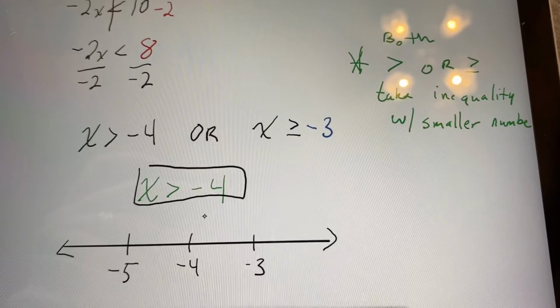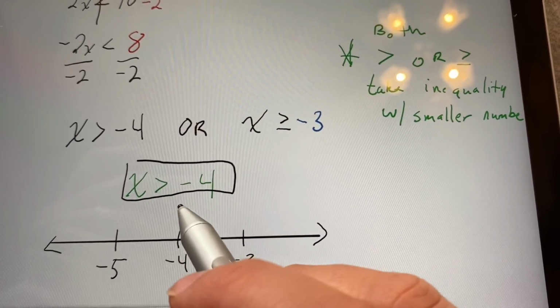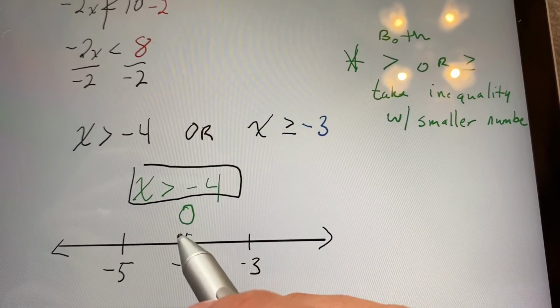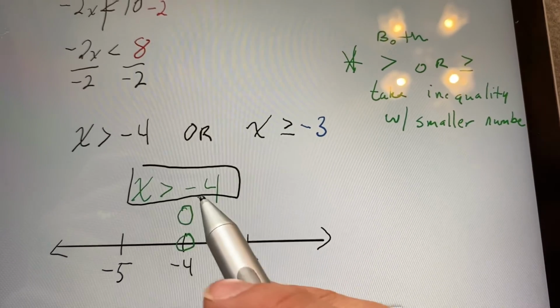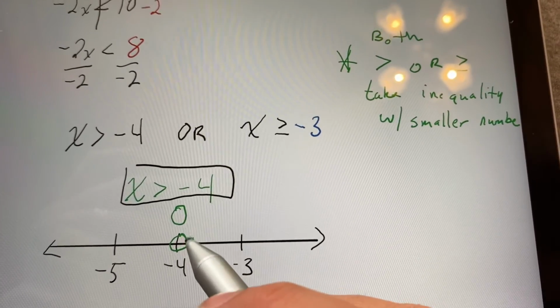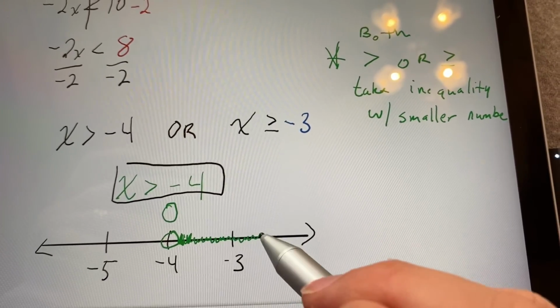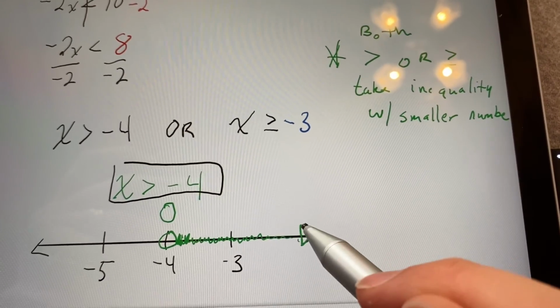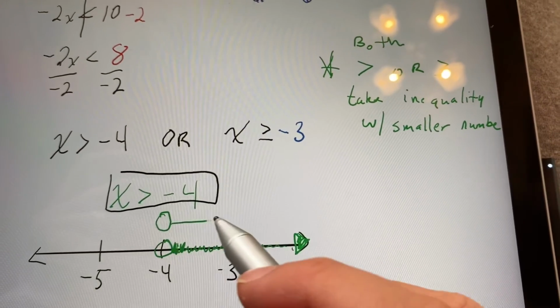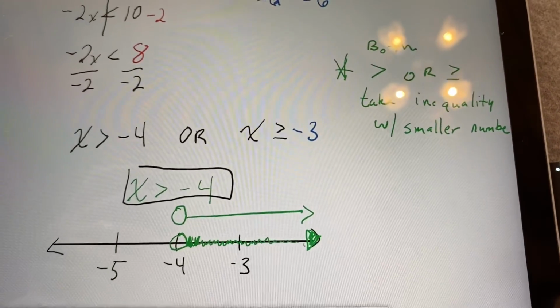So it's an open circle, either above or on -4, and you're shading to the right. So your graph is either going to look like this, right on the line, or you're going to just point.